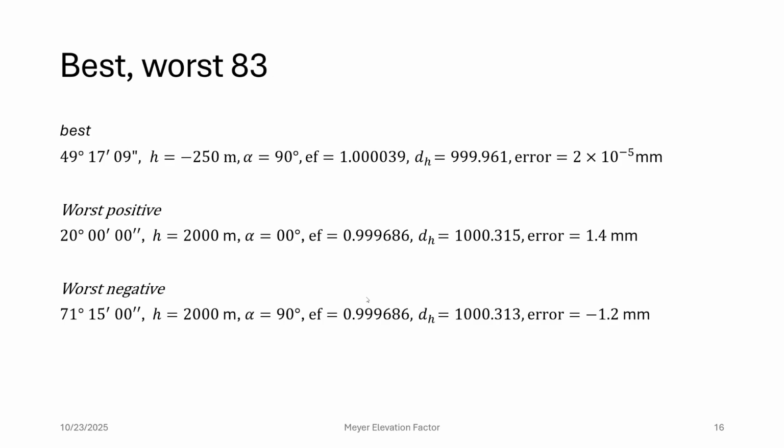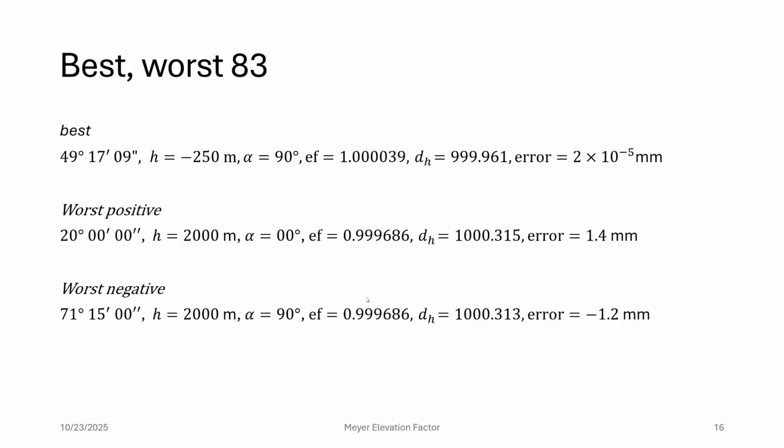I would have guessed that H would have been 0 instead of negative 250, but it turns out it wasn't. Once again, the worst performing in terms of the positive is completely predictable. It's at 20 degrees south, or 20 degrees north, height at 2,000 meters, azimuth of 0. Everything's the same as with 22.